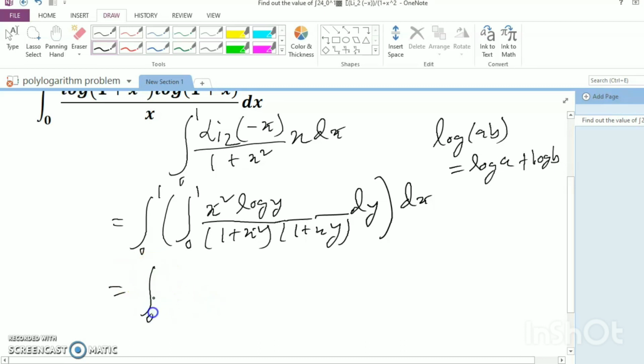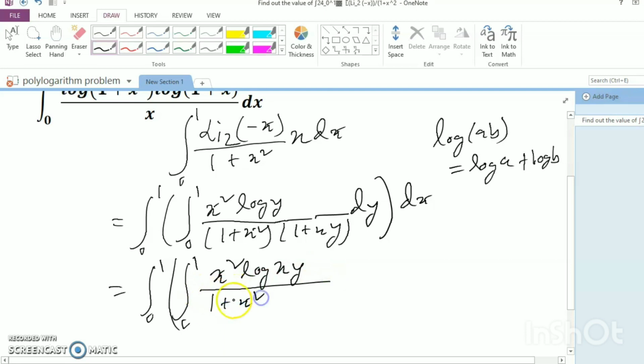So I can write this way: 0 to 1 and 0 to 1, x square log xy divided by 1 plus x square, 1 plus xy, dy dx.